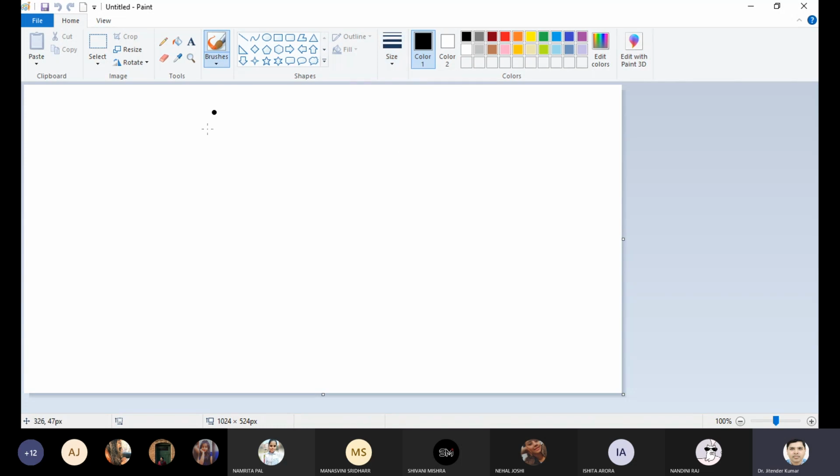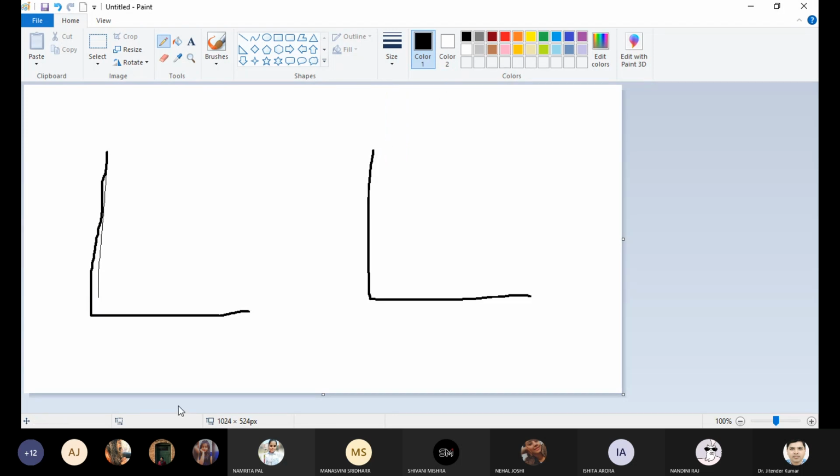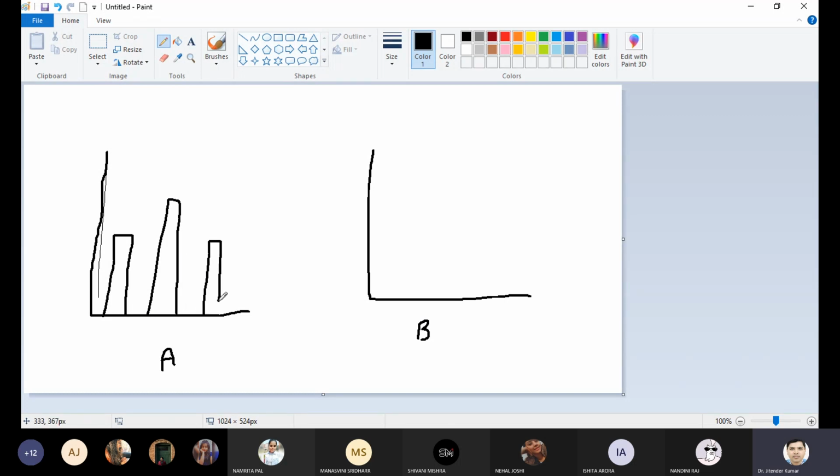Let me make the graphs. So we have these two types of graphs.